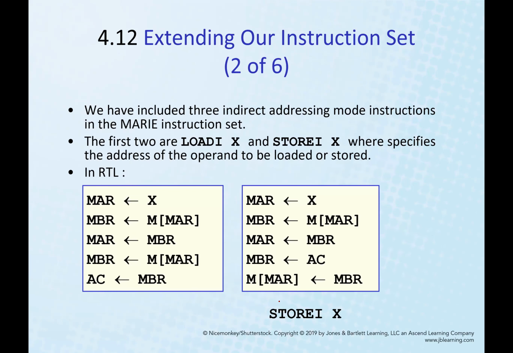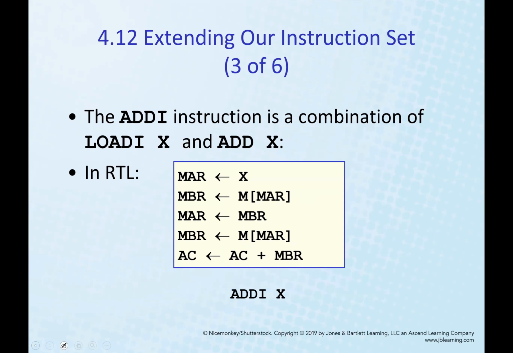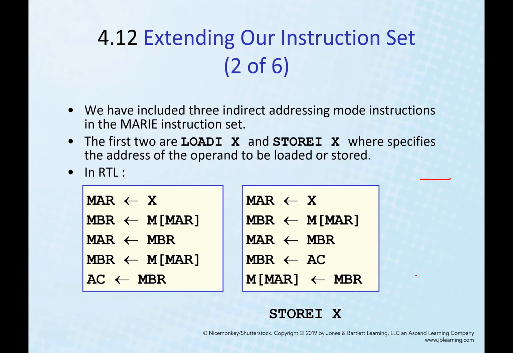So let's say we have the memory, and here is address 100, and let's say here is address 200. The data in address 100 is AA, just as data. And the data in address 200 is called BB.